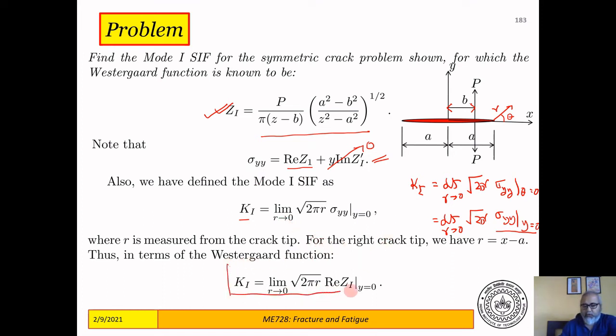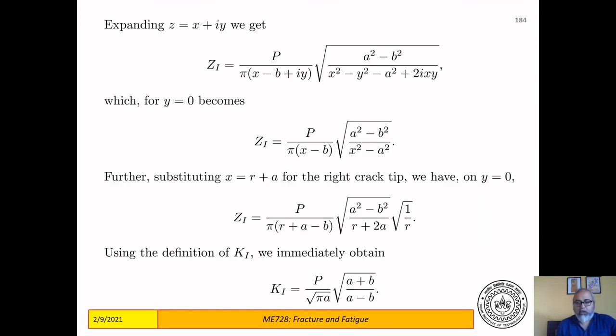This is what I'll have to do in order to find the mode 1 stress intensity factor for this particular problem. And this is actually quite easy. We just replace z by x plus iy, and all z's are replaced by x plus iy, and this is what Z1 becomes.